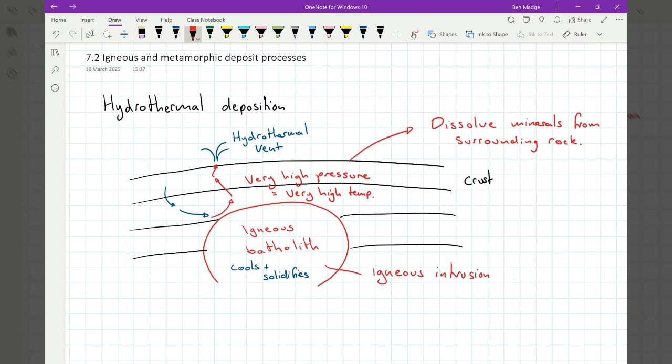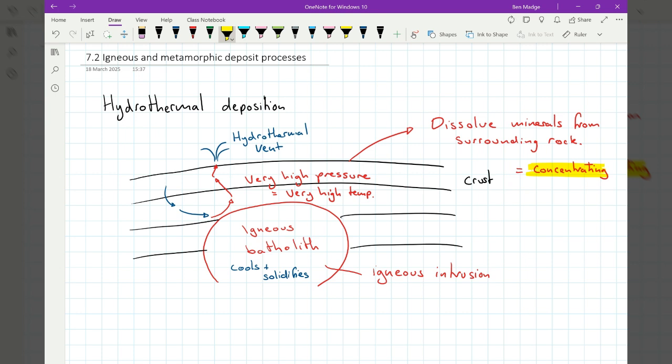Now, because it's dissolving all these minerals from the surrounding rock, what it is in effect doing is concentrating it. It concentrates these minerals into this hydrothermal fluid.